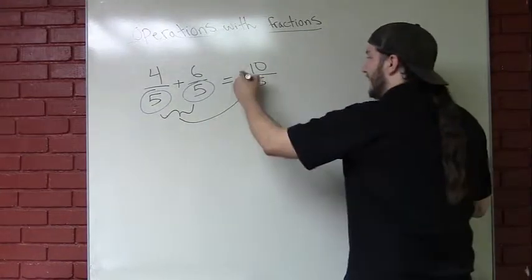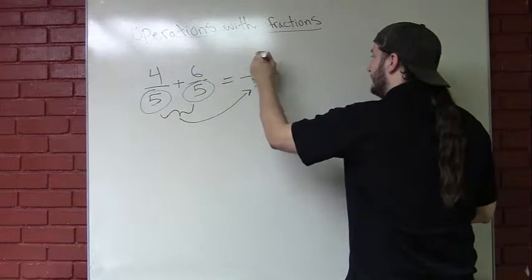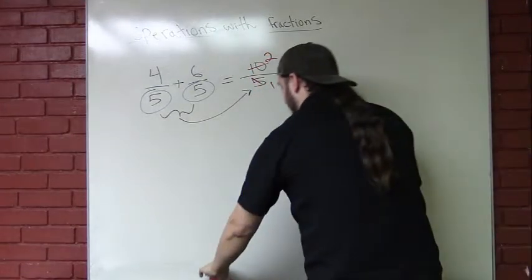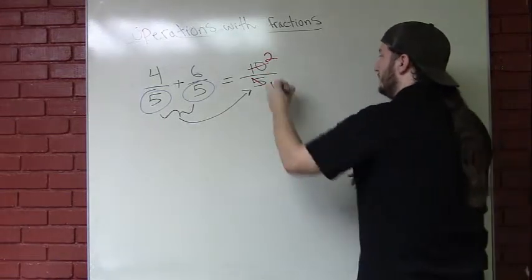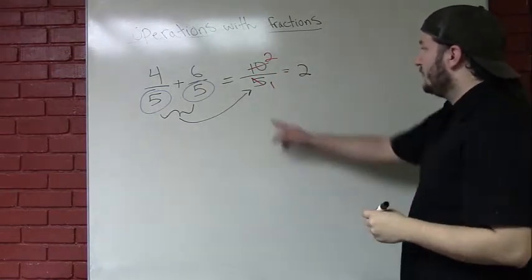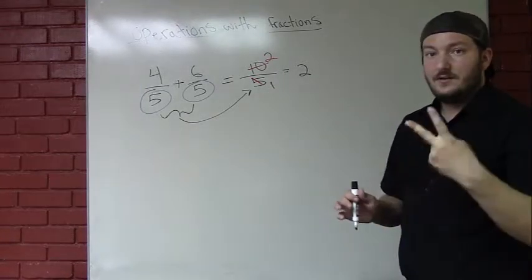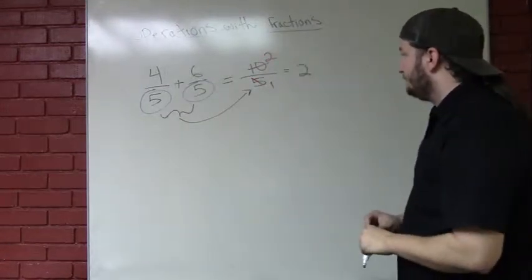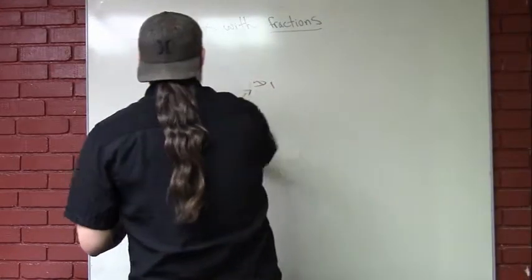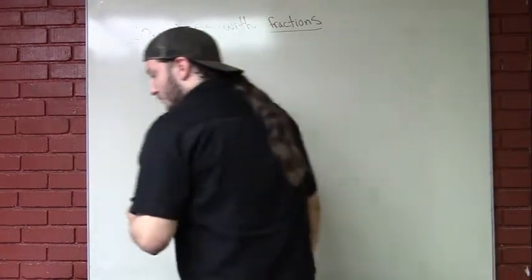Well, 5 goes into 5 one time, 5 goes into 10 two times. You're left with 2 over 1, which we know is just 2. In other words, 5 goes into 10 two times, okay? And that's that.